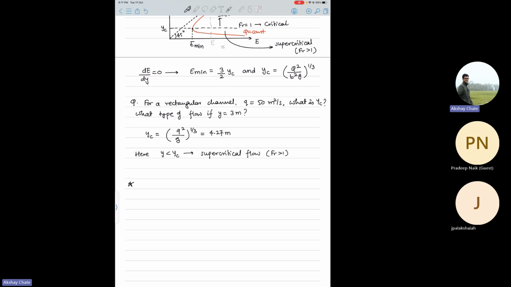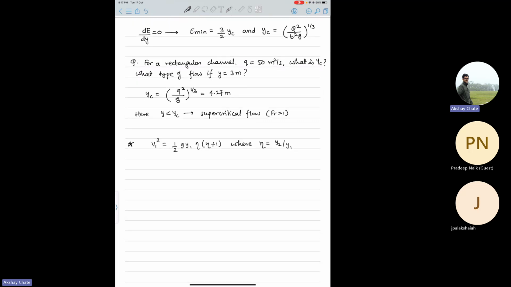So what they do is they write the upstream velocity as the following function, which is nothing but the square root of g y1 times a function of a variable, where this variable is nothing but y2 by y1. So what is y2? y2 is nothing but the flow depth downstream, and y1 is the flow depth upstream.